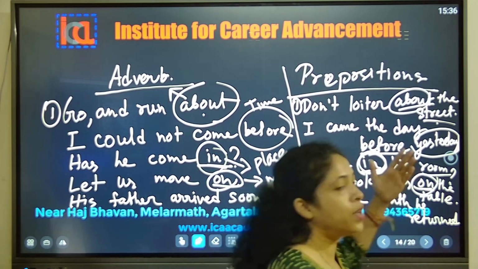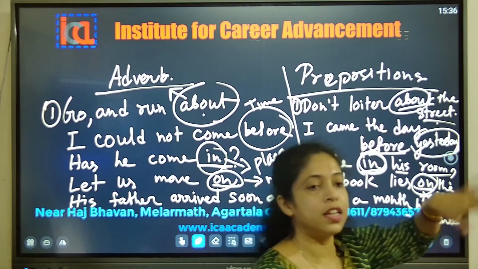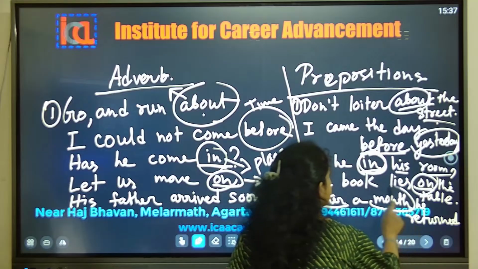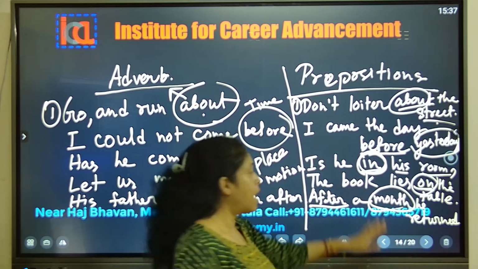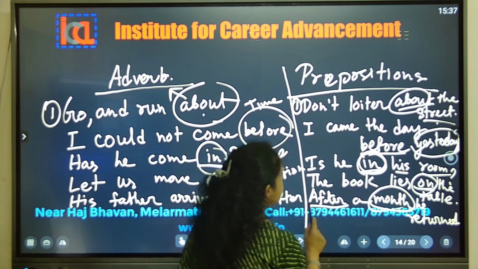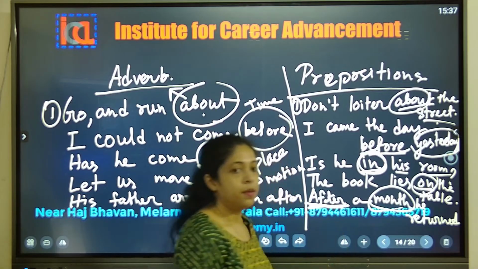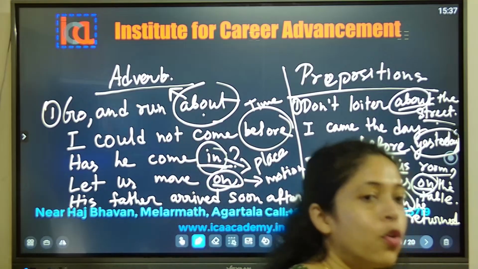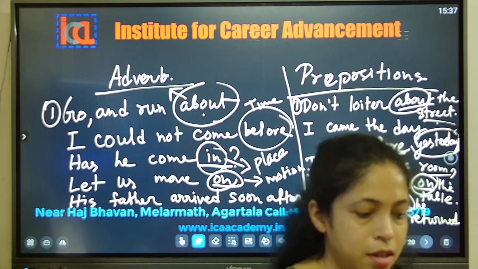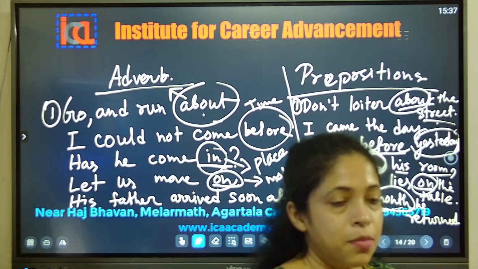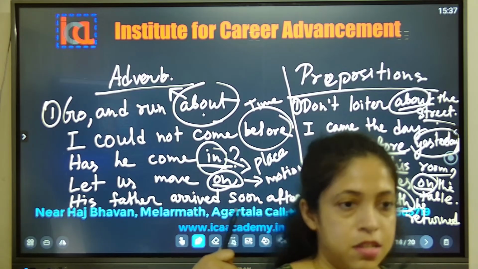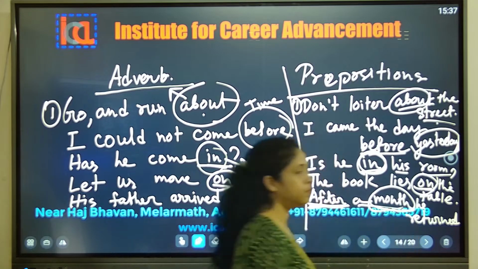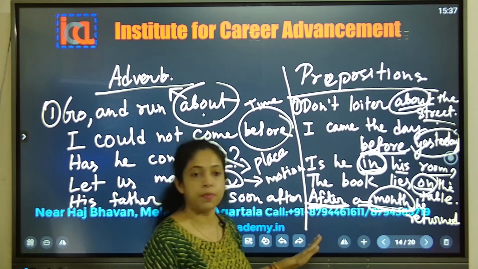He is a pronoun, and a is an article. So after a month we got a noun here, and before the noun we got the word after, which is a position. Before, after, these are positions, no? Stand before him or stand after these girls. So after we got the noun also. That's why after becomes a preposition.